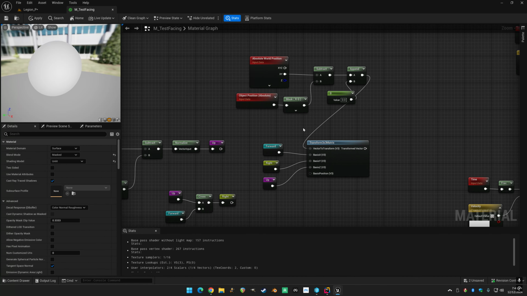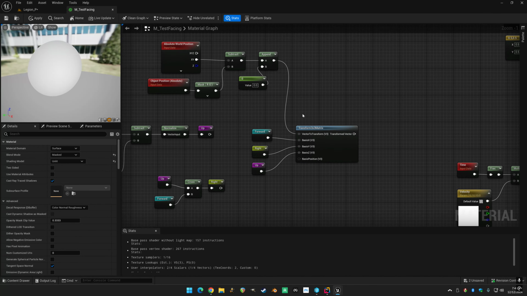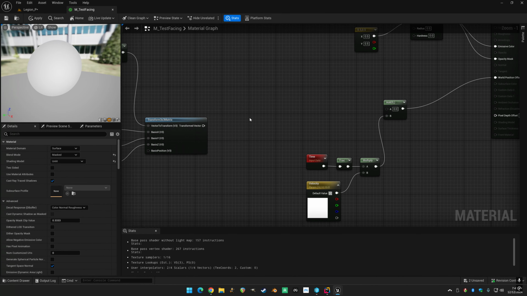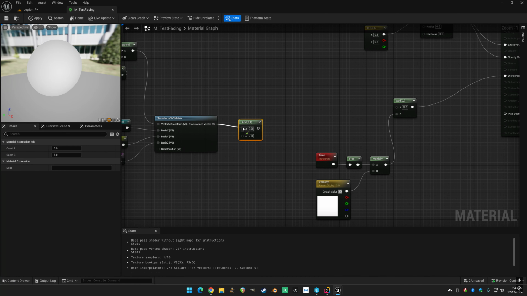And then now our plane should be transformed. But to use with world position offset, we're going to have to move it to the right place in the world. So to do that, we have to add object position.